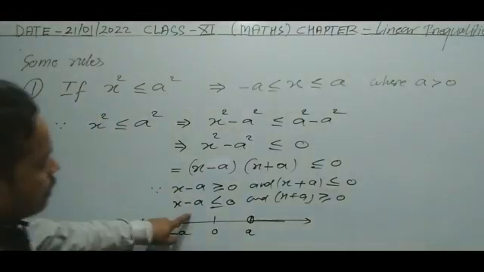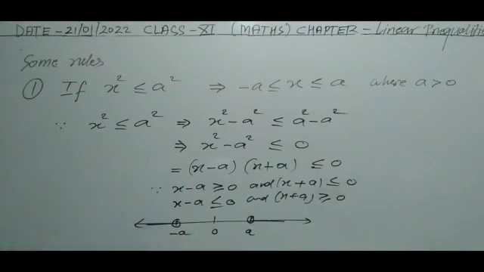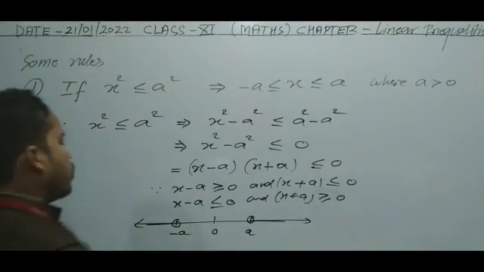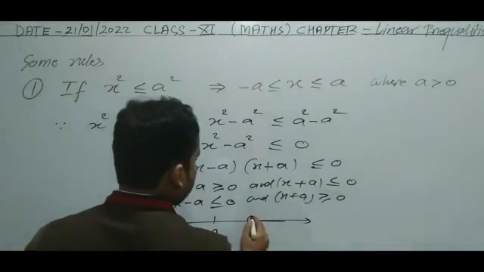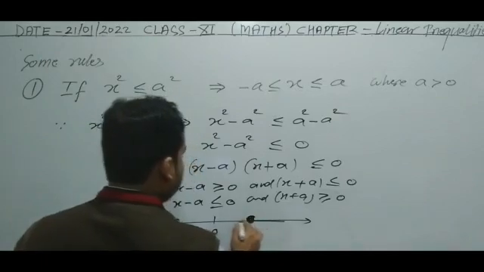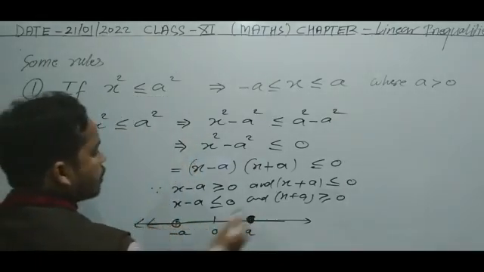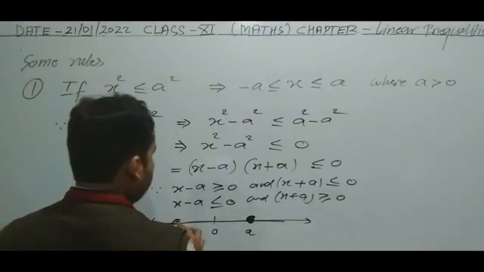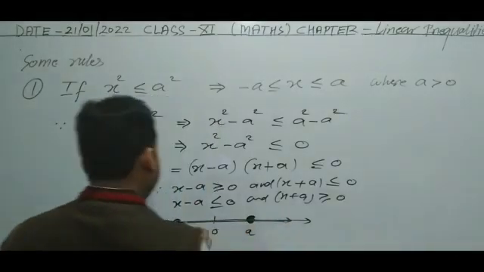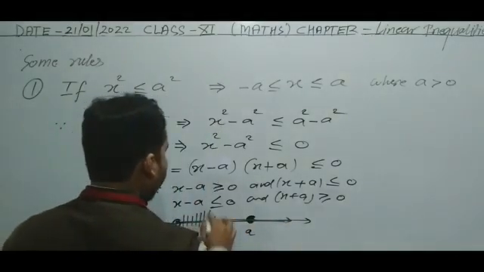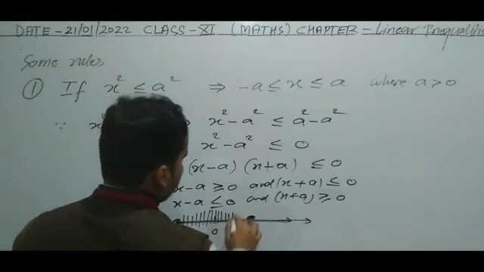For x minus a lesser equal to 0 means x is lesser than a, and x is greater than minus a. So this will be the solution set.